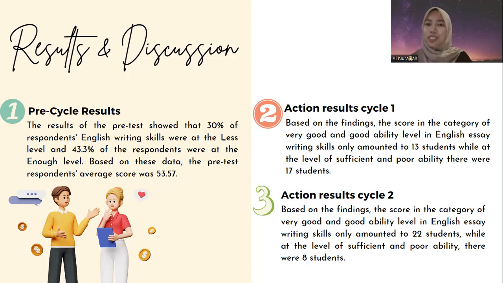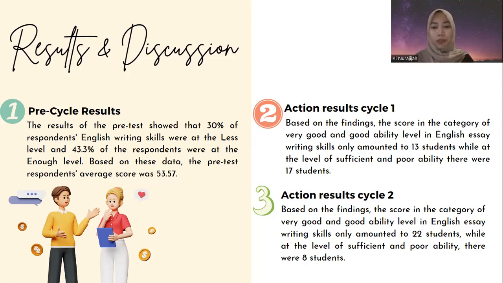43.47. So the second one is action result cycle 1, in which the lecturer implemented the community techniques in the learning process. So based on the findings, the score in the category of very good and good ability level in English essay writing skill only amounted to 13 students, while at the level of sufficient and poor ability, there were 17 students.